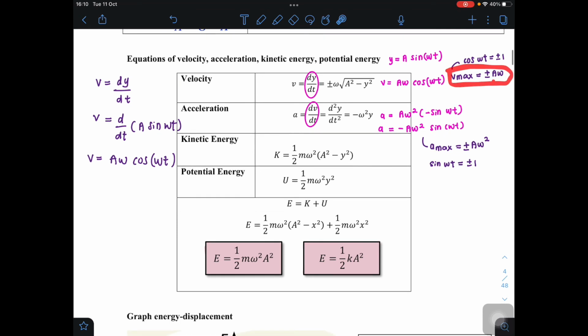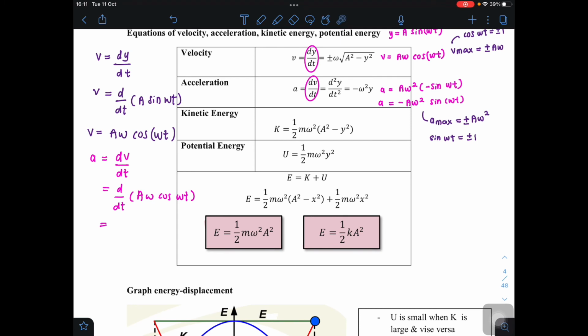And the next one, in order to derive acceleration, kita kena differentiate the equation untuk velocity. So let's differentiate dv over dt. So you differentiate d over dt. v tadi A omega cos omega t.